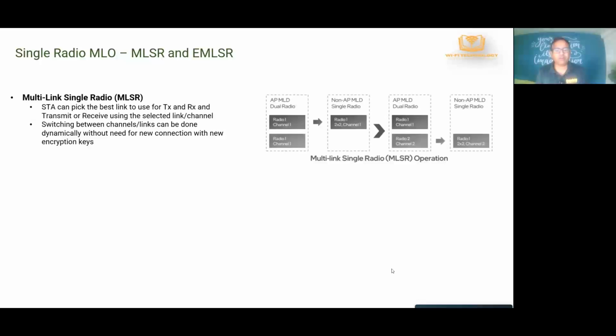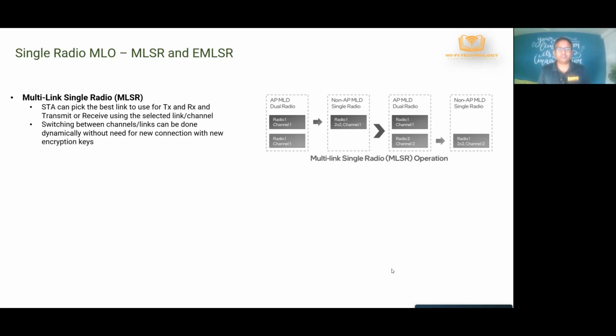Okay, so looking at MLO in a little bit more detail and the terms that are normally used. There is the single radio MLO technology, where the device wants to support MLO, but it cannot have multiple radios. It has only one radio. That radio can be a dual band radio, it can support 2.4 and 5 gigahertz, or a tri-band radio and whatnot, but there is only one radio on the device, right?